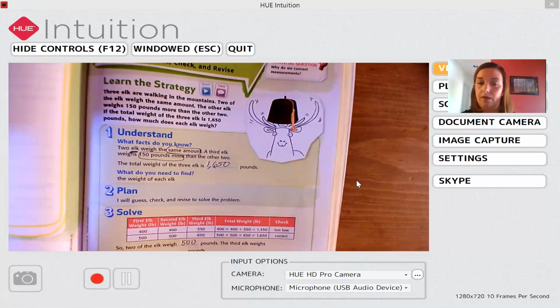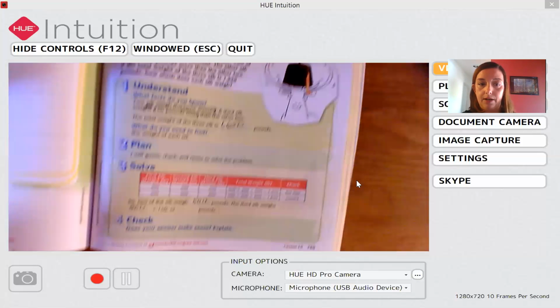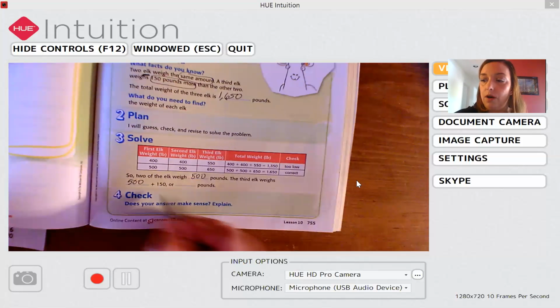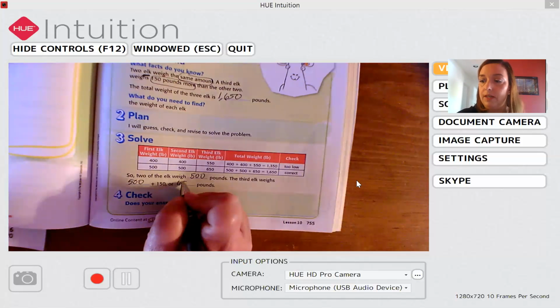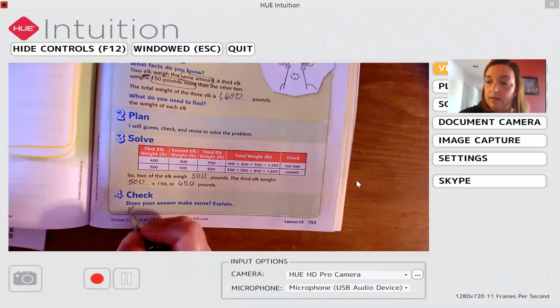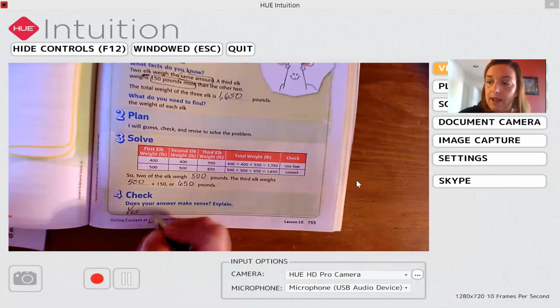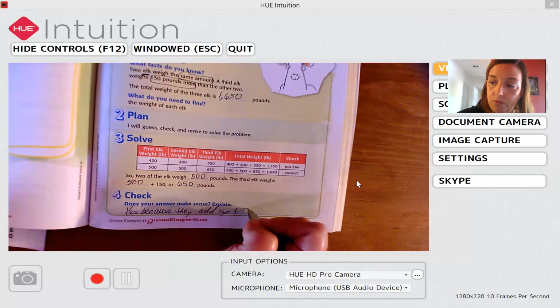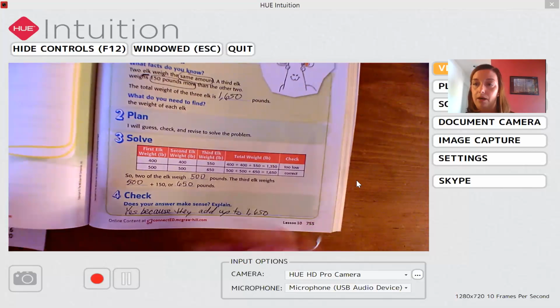Oops, sorry. I've got to adjust my document camera there. 500 plus 150, or 650 pounds. So does our answer make sense? Yes, because they add up to 1,650 pounds.